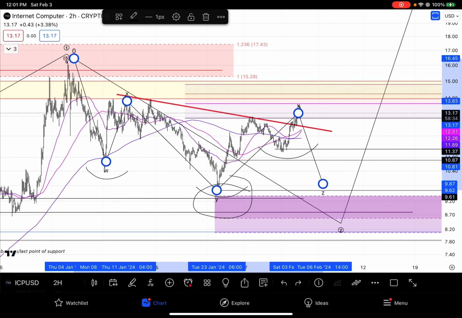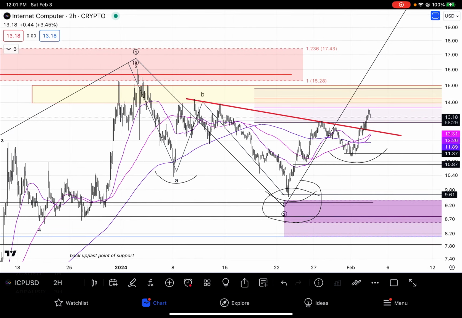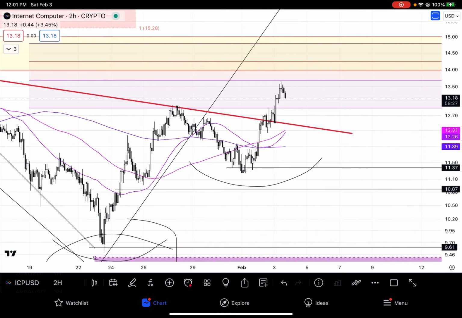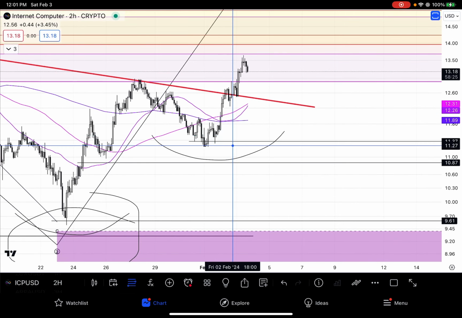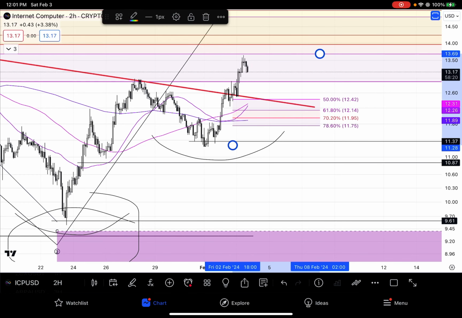Just to simplify this, because I know this may look a little confusing, you're going to want to take a fib from this low over here up to this local top.